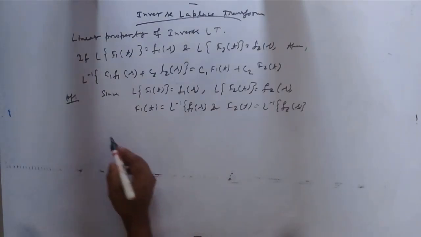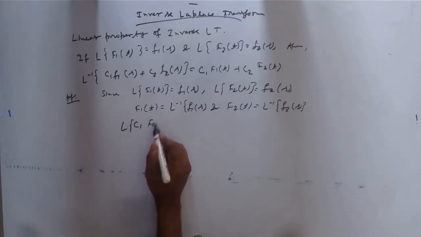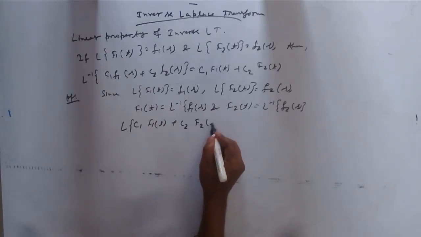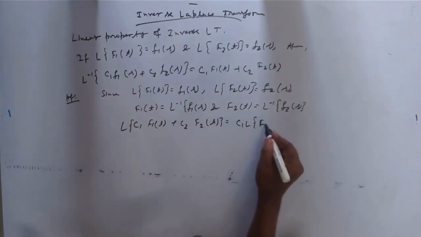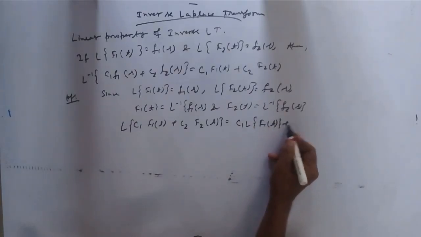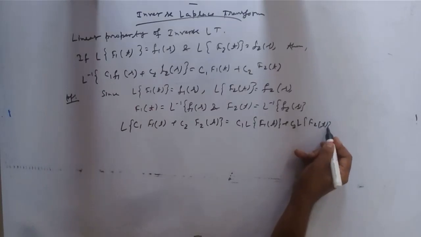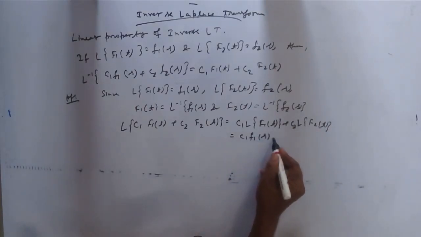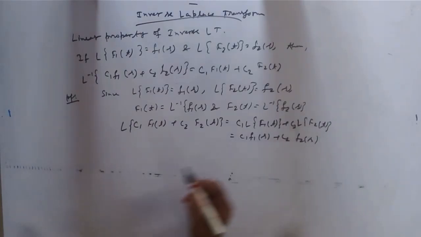By the linear property of Laplace transform, we know that L of c1 f1(t) plus c2 f2(t) equals c1 L of f1(t) plus c2 L of f2(t), which is equal to c1 F1(s) plus c2 F2(s).